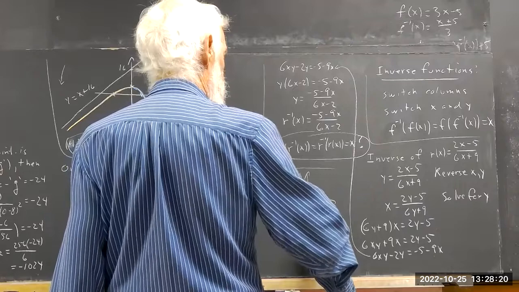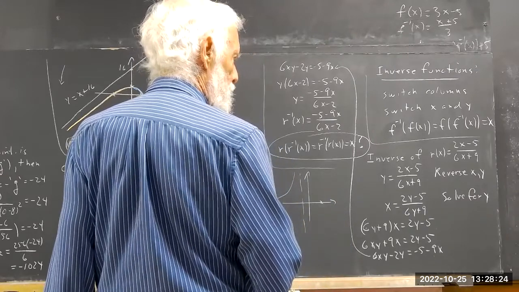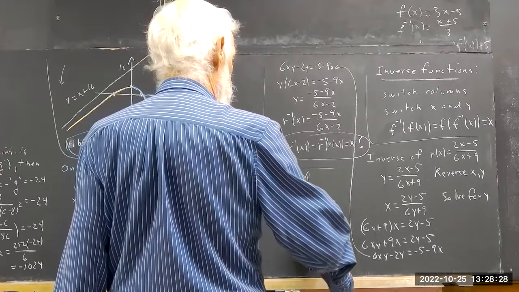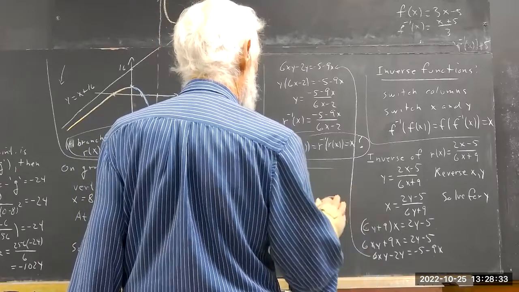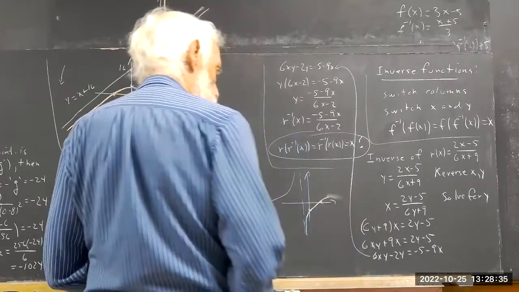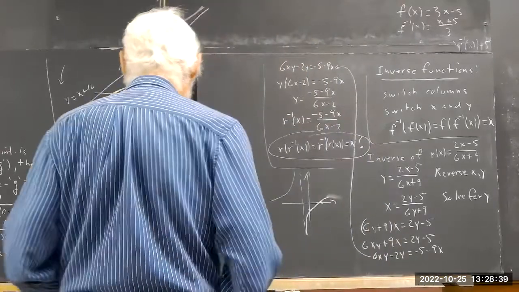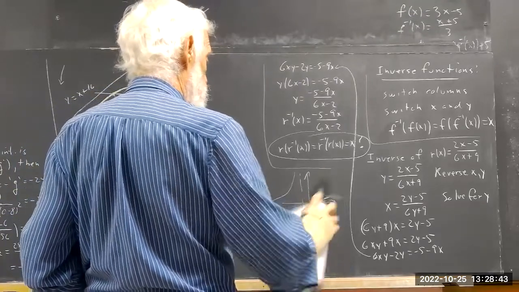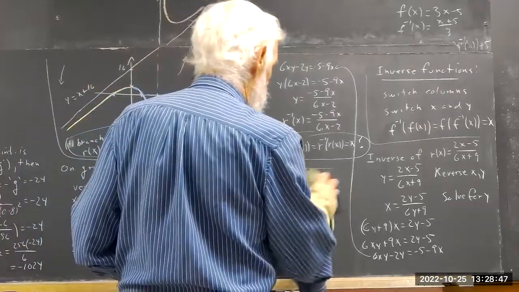It's going to go through -5/9. Oh, wait a minute. The asymptote is not at x equals 0. The asymptote is at x equals 1/3. So it's not going to do what I was going to do there.